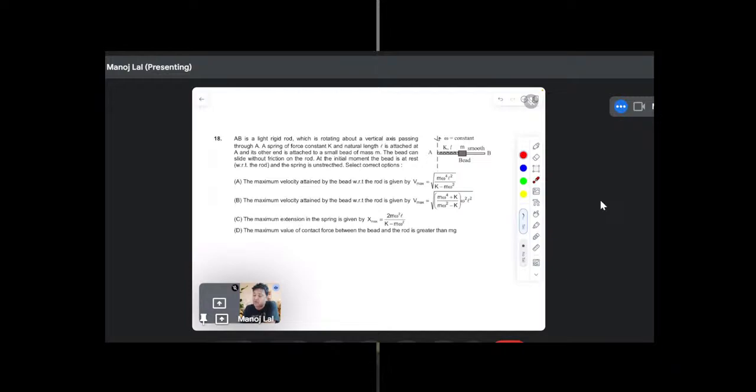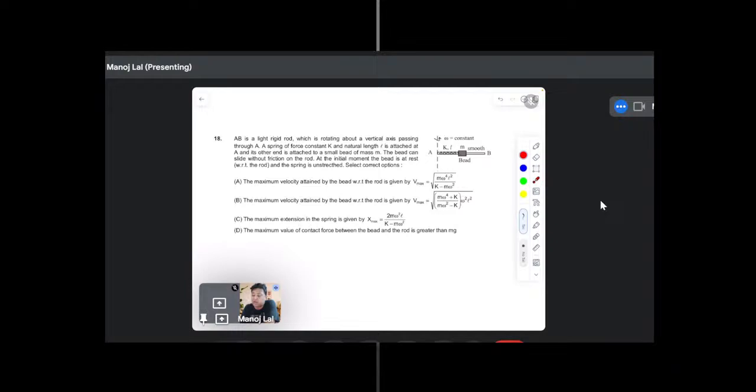For this non-inertial observer observing the motion of the bead, apart from the real forces, that is kx once the spring is elongated, the weight mg and the normal reaction, he must consider a pseudo force in case of rotation.